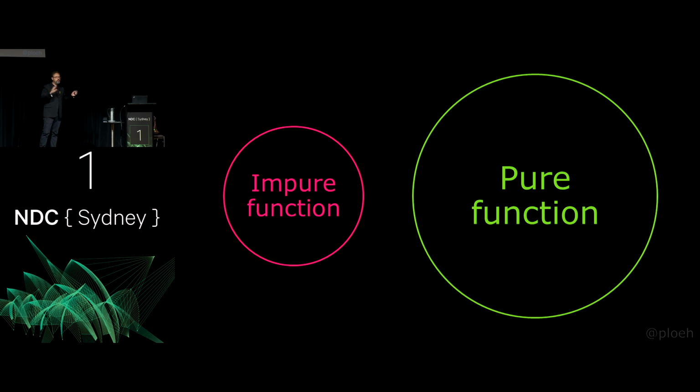It doesn't change whether it's more or less impure. You can also call a pure function from an impure function. If the function is already impure, it doesn't become more or less impure by calling pure functions. A pure function is something as simple as 2 plus 2. So you can definitely do 2 plus 2 equals 4, even though you're in an impure context. You're trying to save something into the database. That's absolutely possible. Going the other way, on the other hand, is not possible.